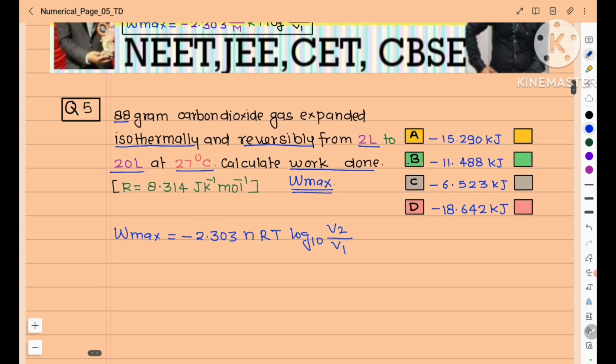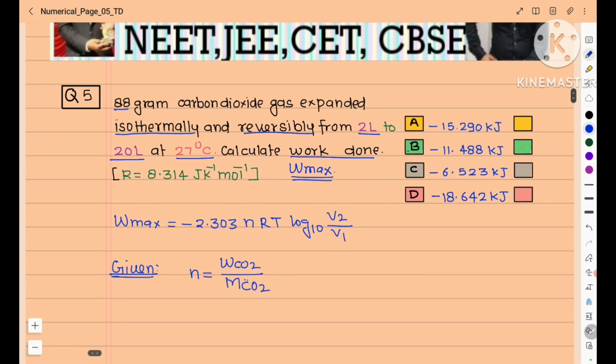So from the given formula, if we look at the given data of this question, first of all we have to find the number of moles, but the number of moles is not given, so we have to calculate the number of moles. For number of moles we have the formula W CO2 upon M CO2. So first we have to find W CO2.